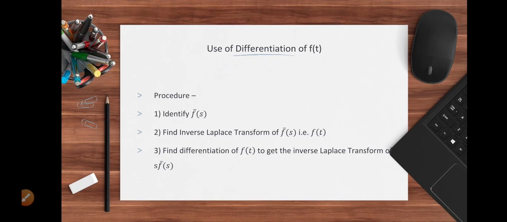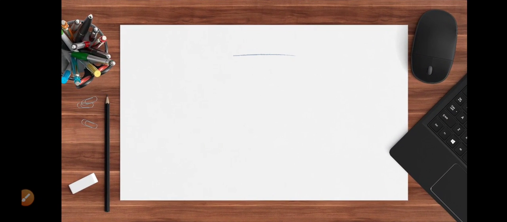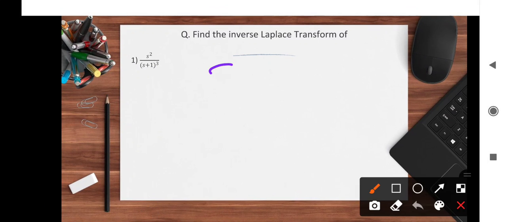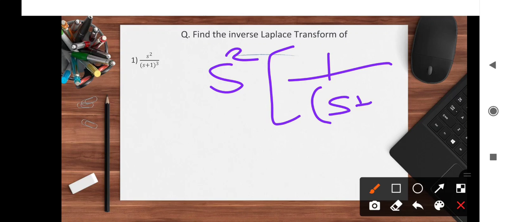Now we will see one example. Question will be same, find inverse LT of s square upon s plus 1 bracket cube. So this can be written as s square into 1 upon s plus 1 bracket cube.